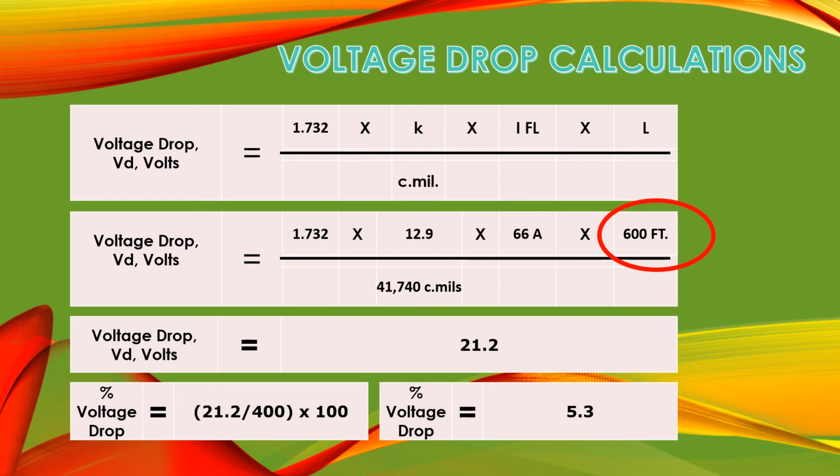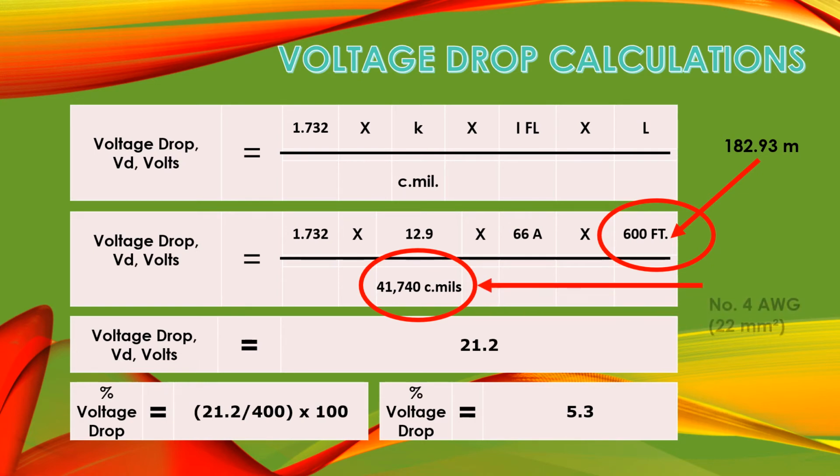By increasing the length of the conductor to 600 feet, which is almost 183 meters, and using the same conductor size, number 4, 22 mm squared, we get 5.3%, which is greater than 3%. So now, although this is a recommendation only by the code, it looks like we are not following the recommendation.